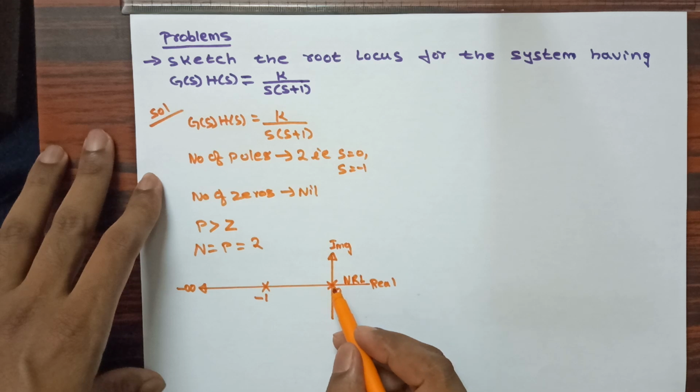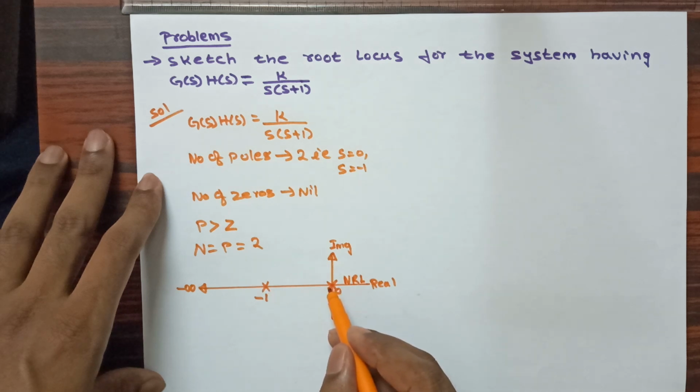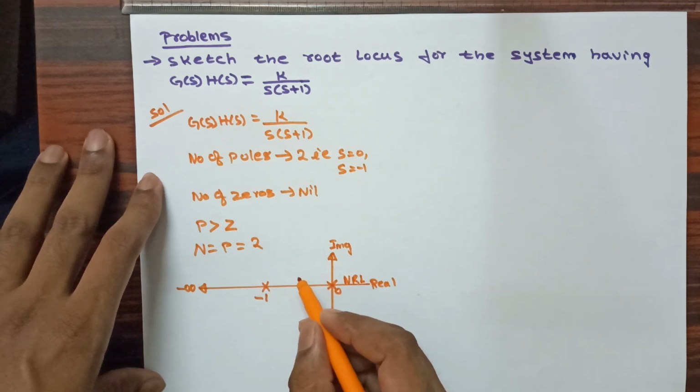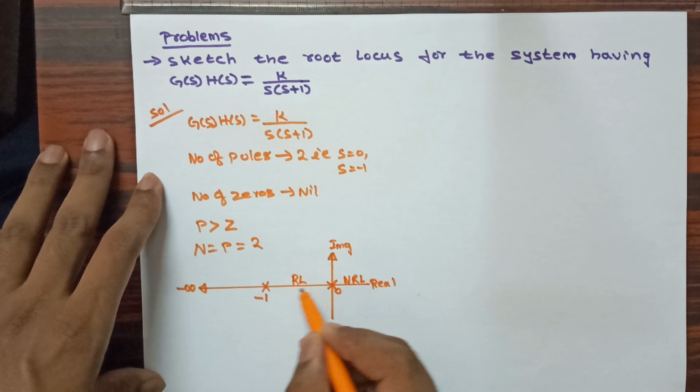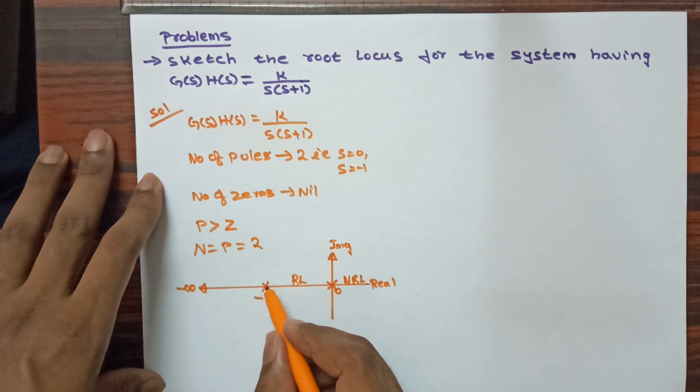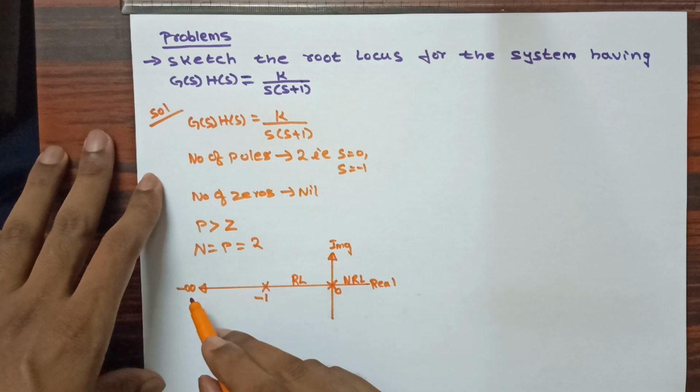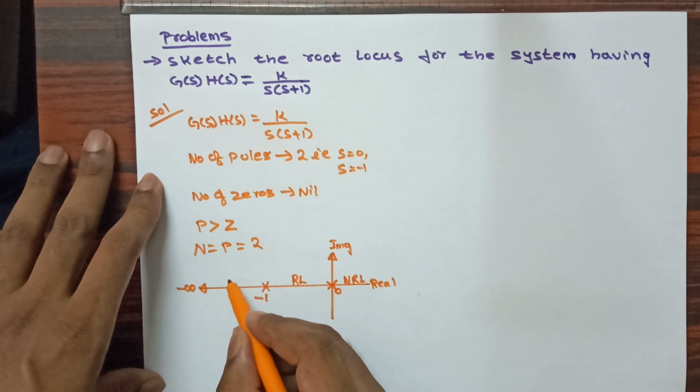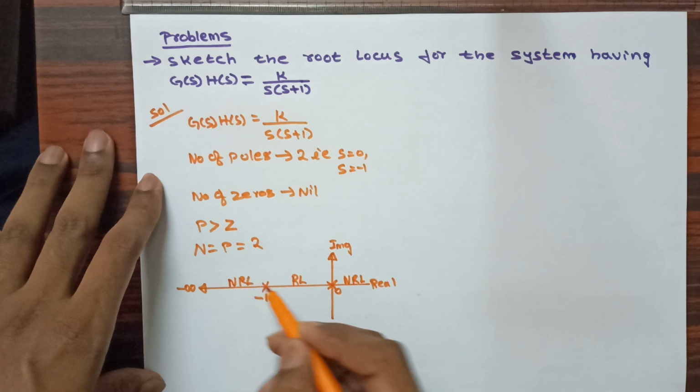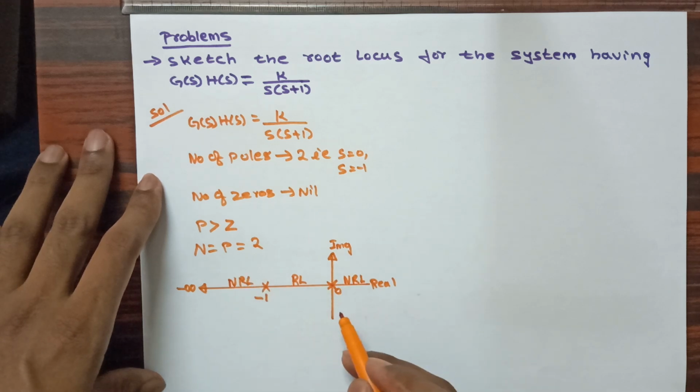Now from this point onwards we get one pole, that is count 1. From this point to the next we consider the root locus path. Now from this point onwards we get the count 2, that is even count. From this point till infinity we consider no root locus path. In this way we identify the root locus path.